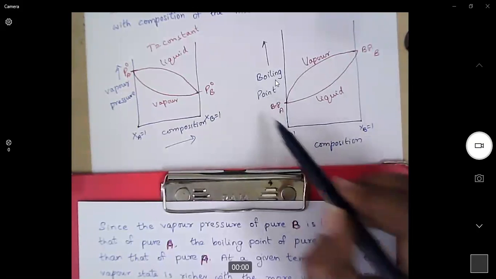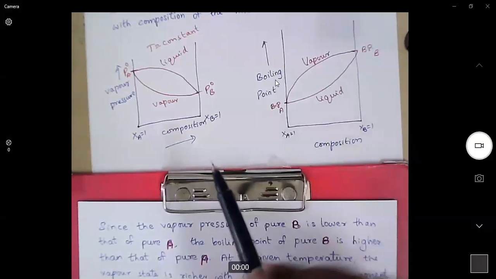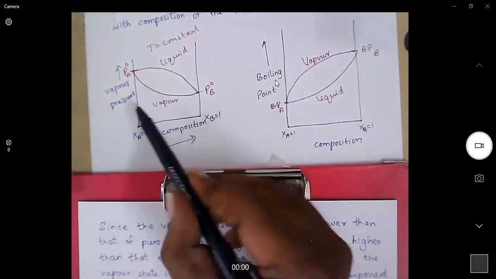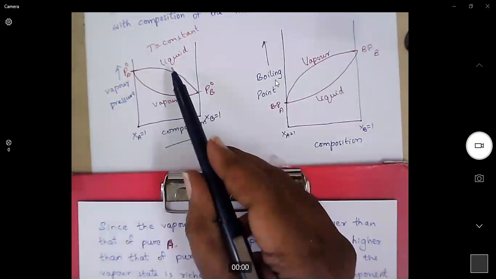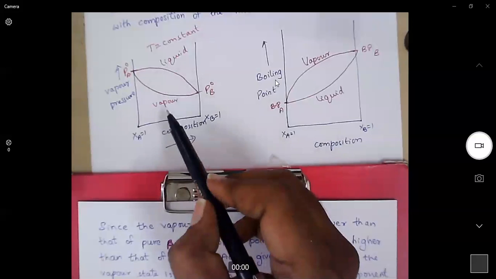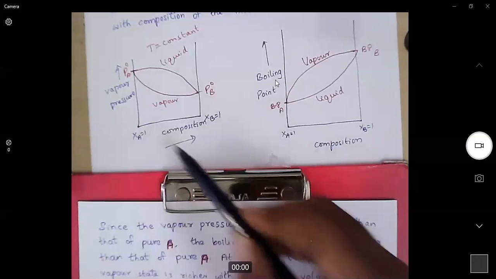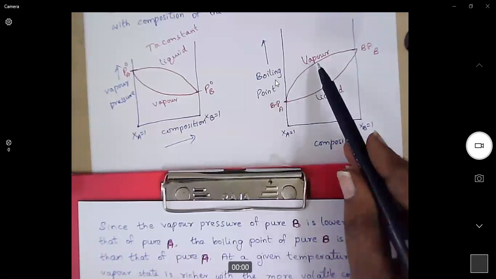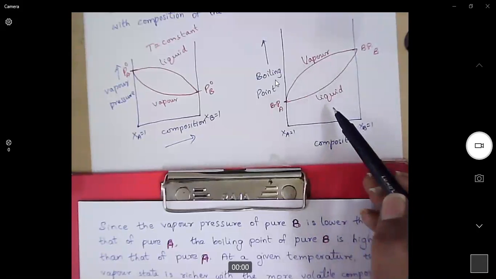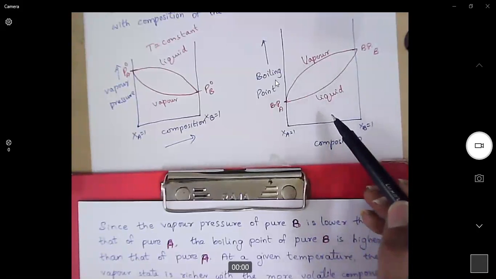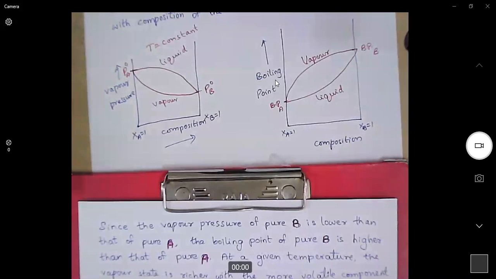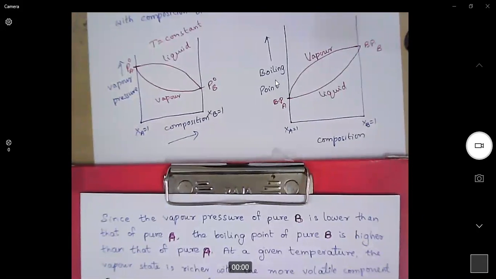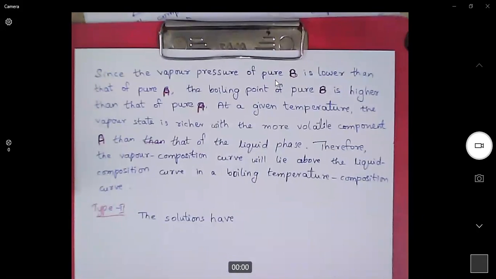In a vapor pressure composition curve, liquid is in large quantity, vapor is in small quantity. Whereas in a boiling point composition curve, vapor is in large quantity, liquid is in lower quantity. So that is the meaning in these curves. Please take the notes.